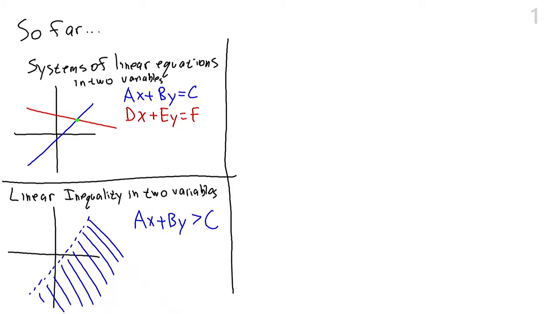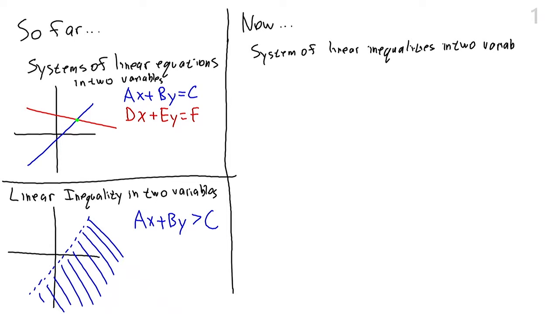What we're going to do now is systems of linear inequalities in two variables. And what does that look like? Well, instead of a system of linear equations, we're going to have a system of linear inequalities.